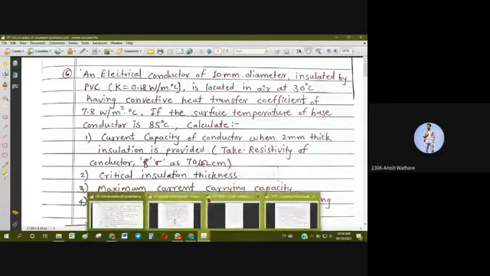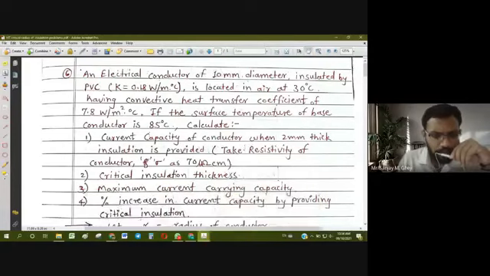Okay. Thank you. So we had covered one problem on critical radius of insulation. That problem was regarding the heat loss, to prevent the heat loss from a pipe which is carrying the hot fluid. In theory, we have seen that when we provide insulation, there are two possibilities. Either heat transfer may increase or may decrease.